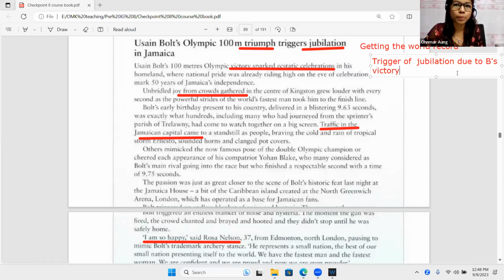If you don't want to use jubilation, you can say great happiness or great joy. Or you can use words like unbridled. Unbridled joy. Trigger of unbridled joy due to Bolt's victory. That way, it can cover the whole passage.